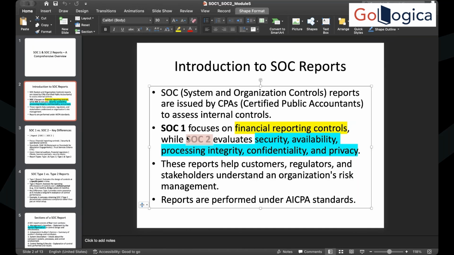So the request came from Apple to gain Apple's trust. I went to an auditor. I told him, hey, I have all the controls implemented in my organization, in my product. Why don't you come, audit, give me that report, and I'll share that report with Apple to gain business from them.